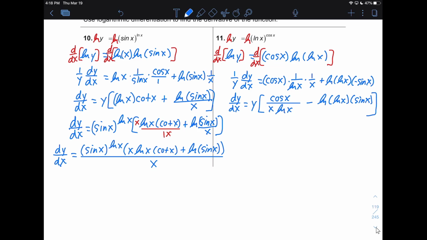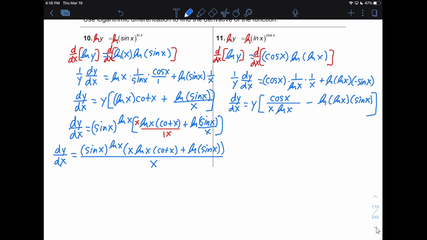I don't really think it would be beneficial for us to get a common denominator in this case. So the last thing I'm going to do is, instead of this y here, I'm going to write that.